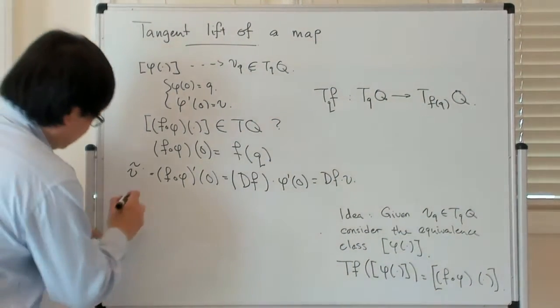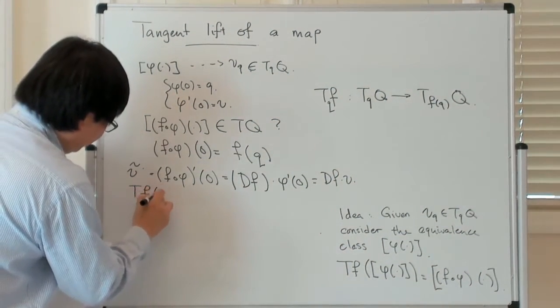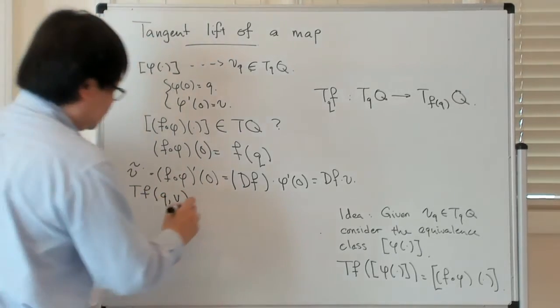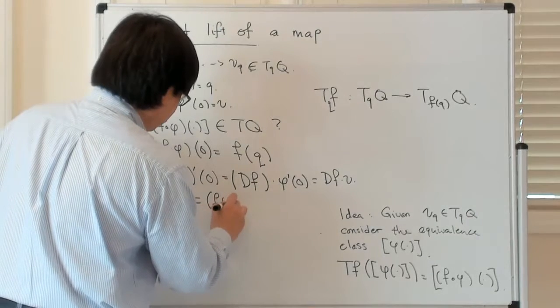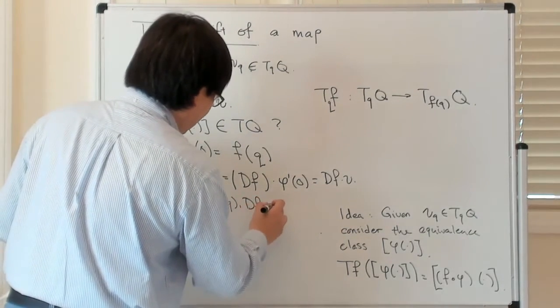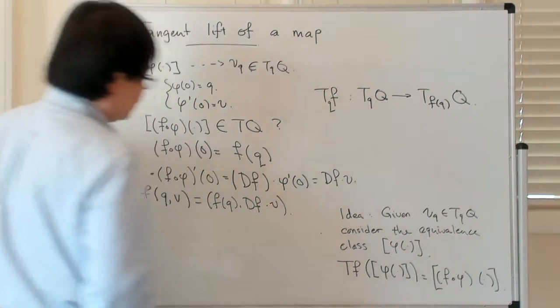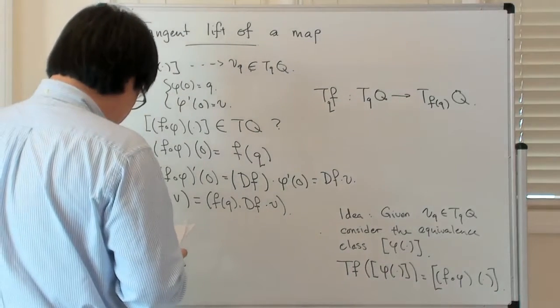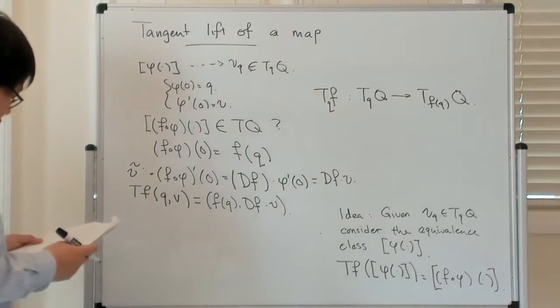That tells you that if you take TF acting on the point q and v, you get F of q, and then the linearization of the map applied to the vector v, which is again very, very natural. So that's basically what is going on here.